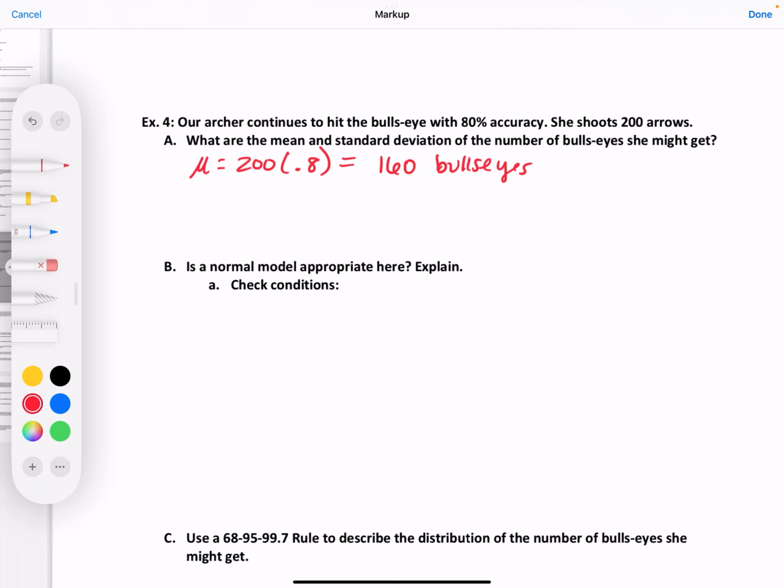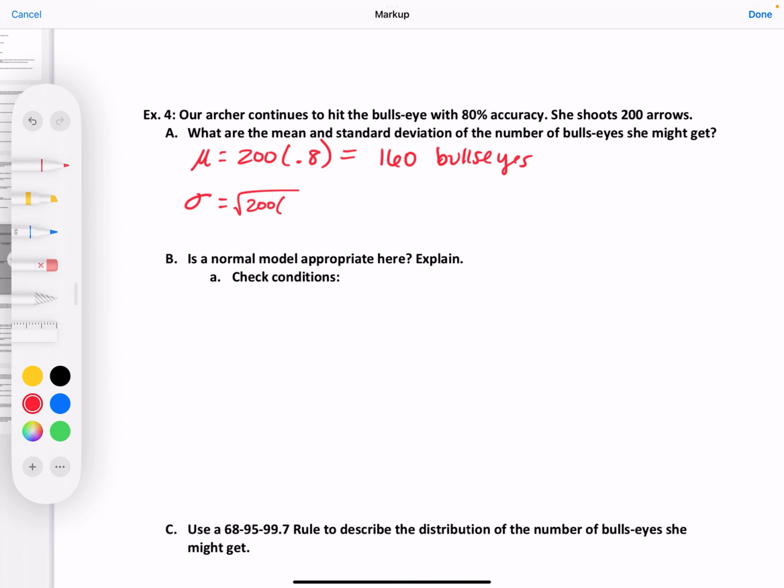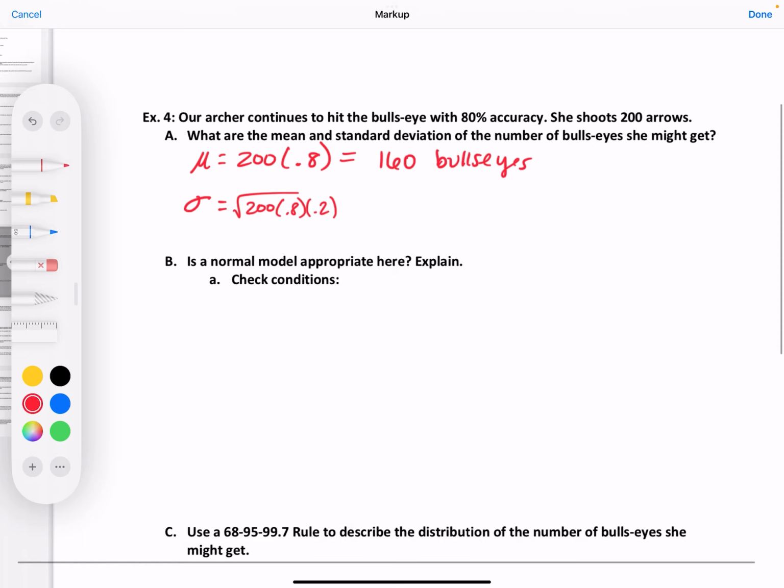And then standard deviation. That's 5.66.